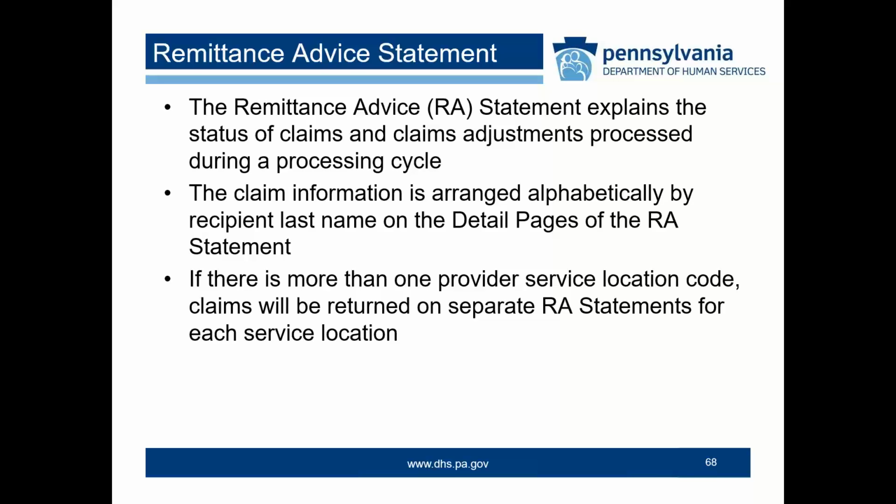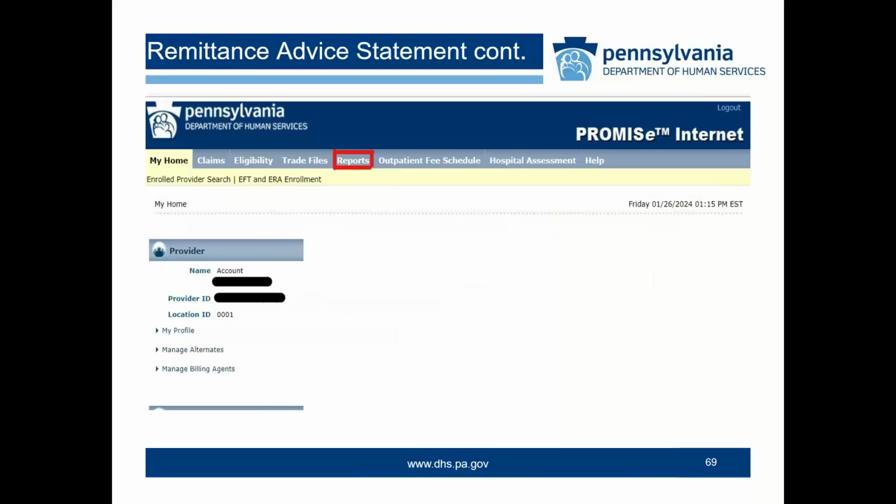And keep in mind that if you have more than one service location as a provider and you submit claims under multiple service locations, then there will be a separate RA statement for each of your service locations.